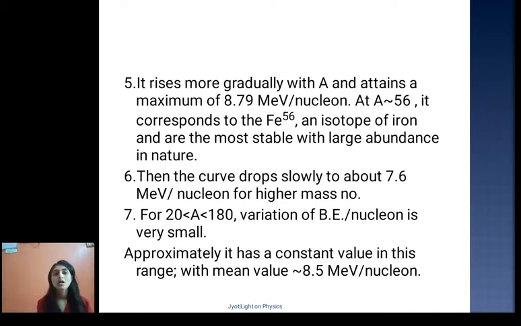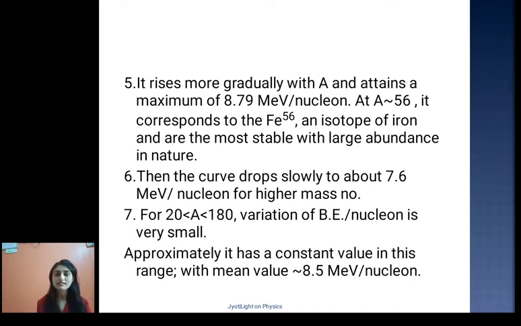Now it rises more gradually with A and attains a maximum of 8.79 MeV at A equals 56, which is the isotope of iron, and the elements which are stable are found to be abundant in nature. So this is the most stable, with large abundance in nature. And then after that the curve slowly drops to 7.6 MeV per nucleon for higher atomic mass number.